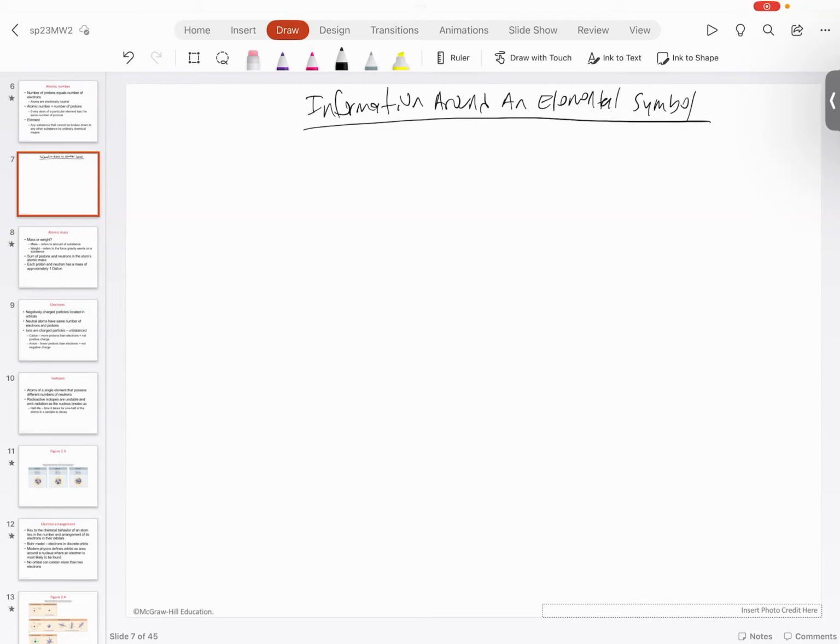And then you're like, why did you put a 2 up there instead of down there? Or what does it mean when the 2 is up and not down? And that may or may not be the case. So one of the things I want to do for you is put all the information that we have for an elemental symbol in one place, so you have a little bit of a decoder, so you know exactly what we're talking about whenever you see a number in a particular position.